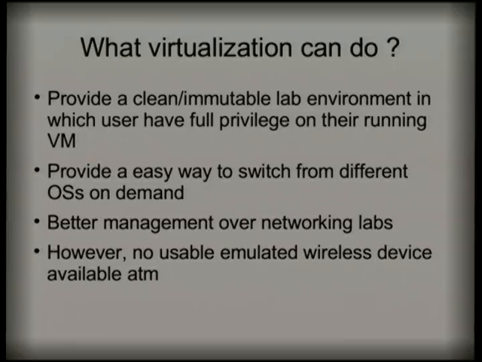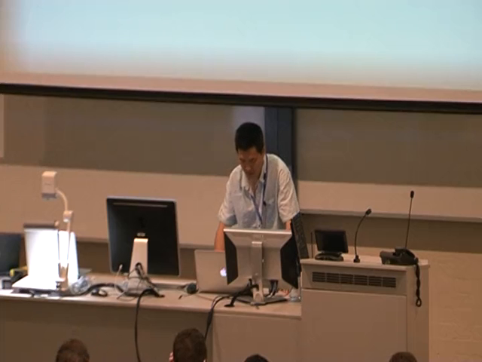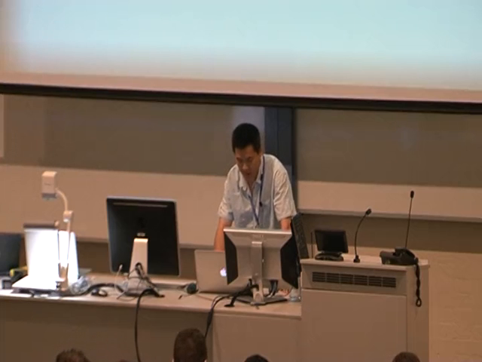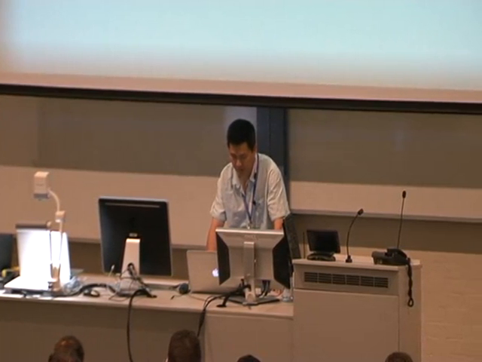As James mentioned before, we have a sticking problem with the wireless network card we use in the networking labs. The way we do it is we pass through the physical PCI devices to the virtual machine directly.